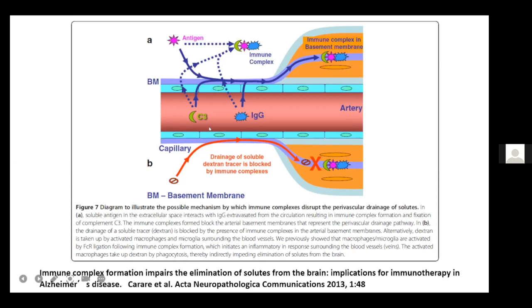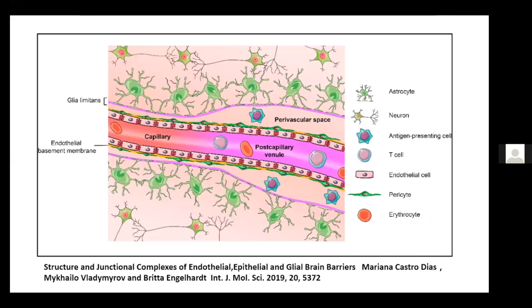So there are a lot of immune complexes. When we do the cystostomy, we can reduce the reflux in the perivascular space. By draining CSF, a lot of bloody CSF comes out and we reduce the immune reaction. Thus we can get better brain function.